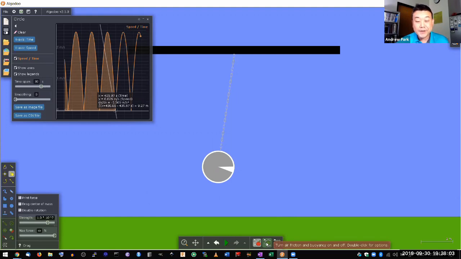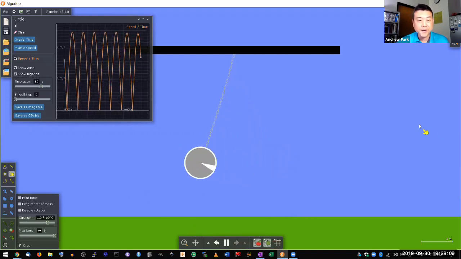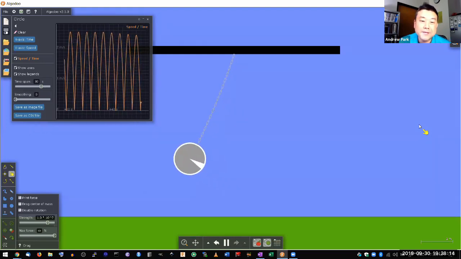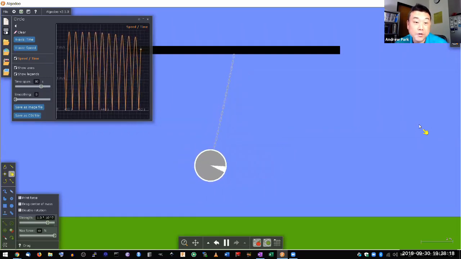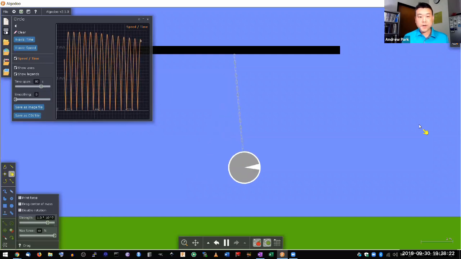So if I turn this back on, then you will see that this pendulum doesn't always reach the same value. Over many iterations, you can see it going down, it'll slow down to stop eventually. And that's the kind of real world pendulum.